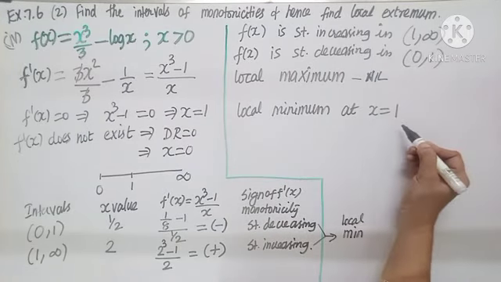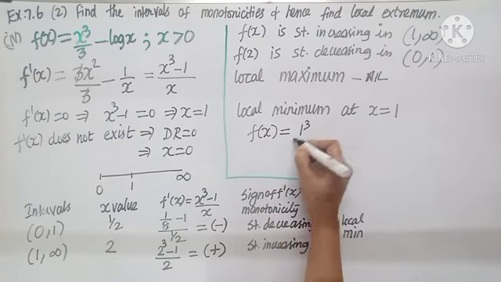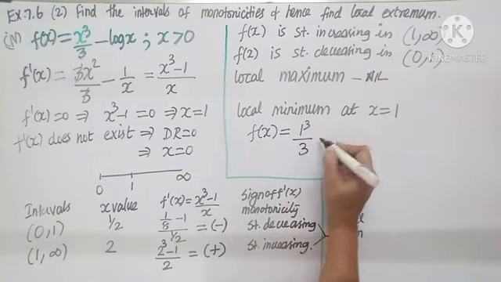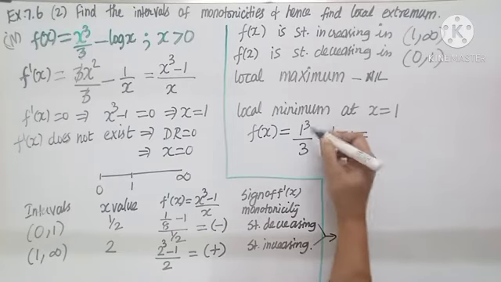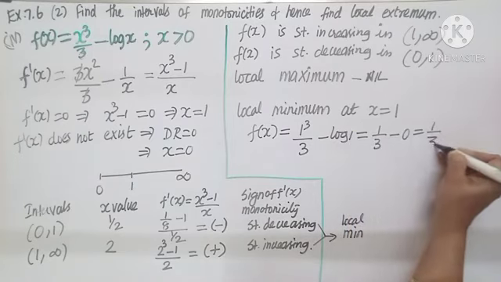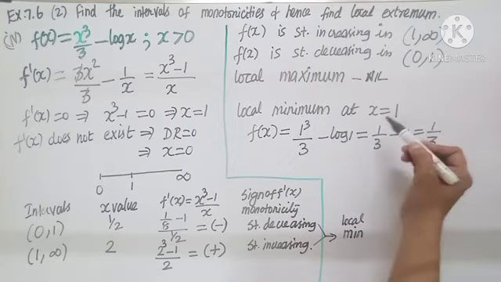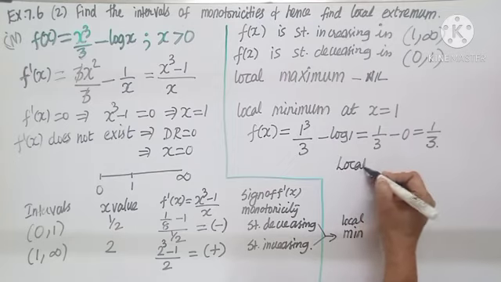Put x is equal to 1 in the function. We get f of x is equal to 1 cube by 3 minus log 1. 1 cube by 3 is 1 by 3, log 1 is 0. And so we get 1 by 3. So the local minimum value is 1 by 3 at x is equal to 1.